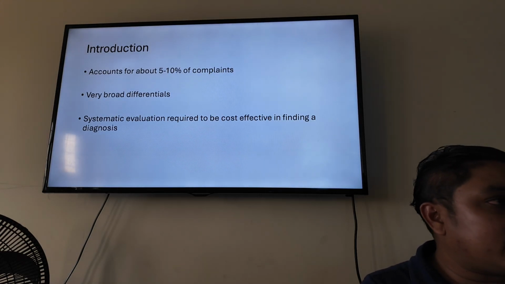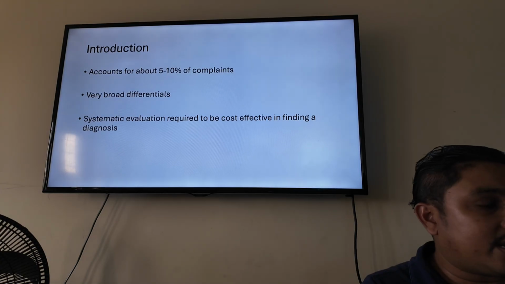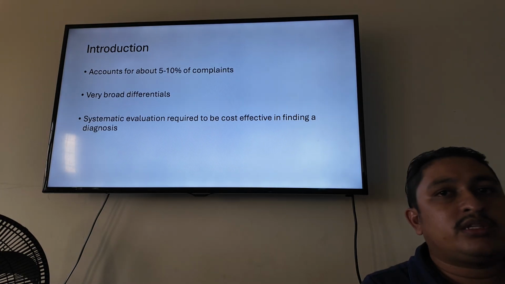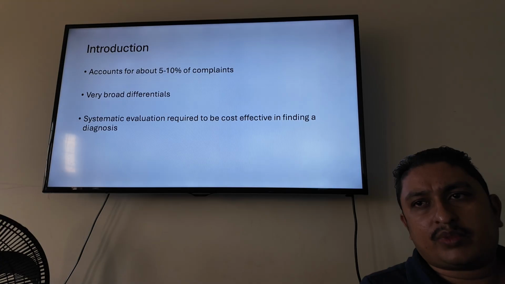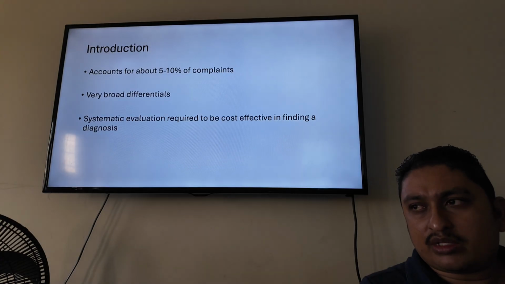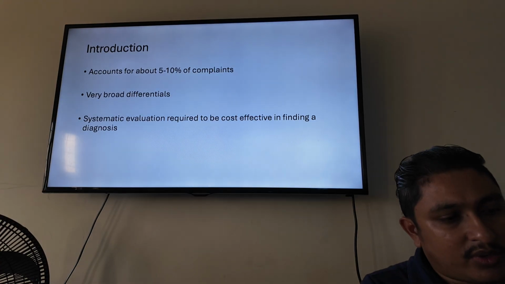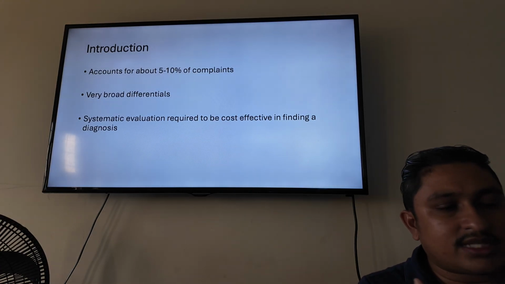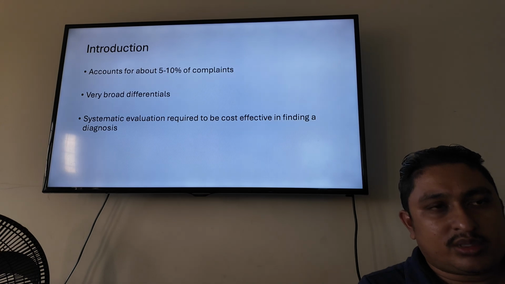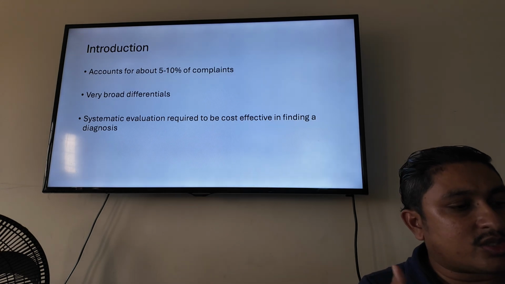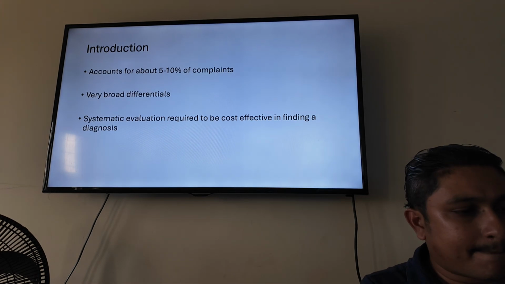As we said before, the differentials are usually very, very broad. I would include differentials from any organ system within the area that the complaint originates from. That's why, as I said before, it's important that we go through a systematic evaluation to be cost effective and to be accurate at the same time.